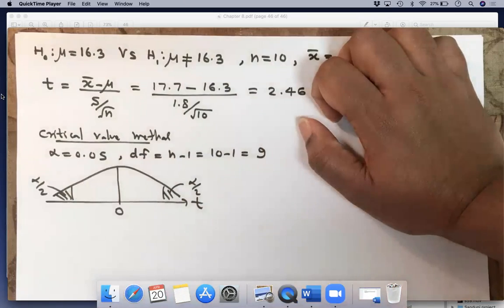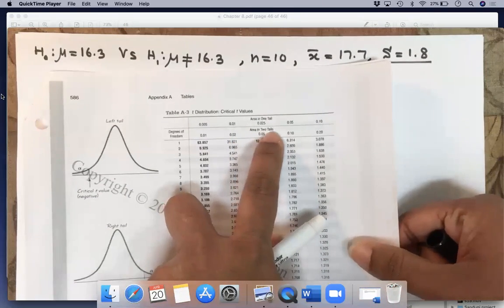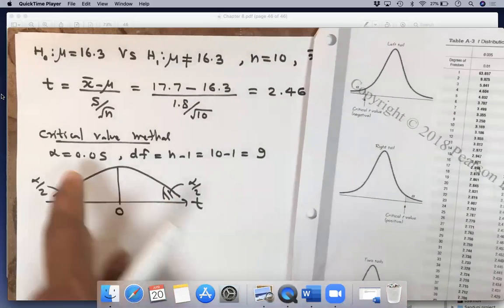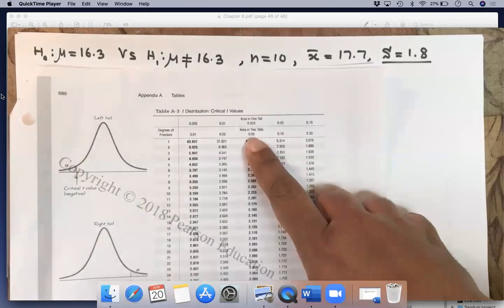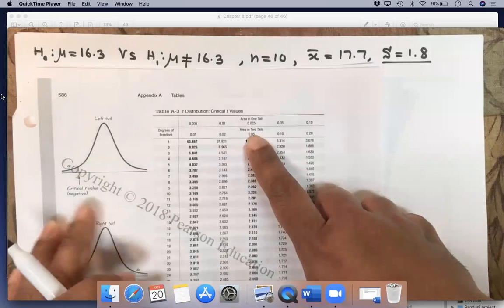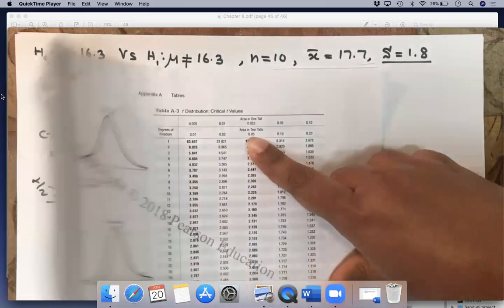Why? Because the table has that row. In the second row, it says area in two tails. So tell me, what is the area in two tails? It should be alpha. Here it's 0.05. So in the second row, you have to pick this value, 0.05. Then what is our degrees of freedom?